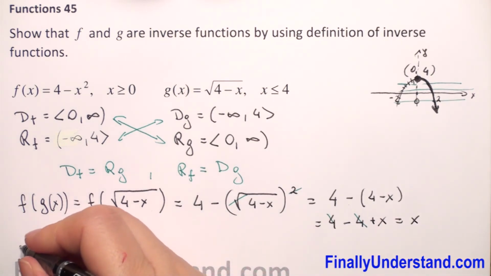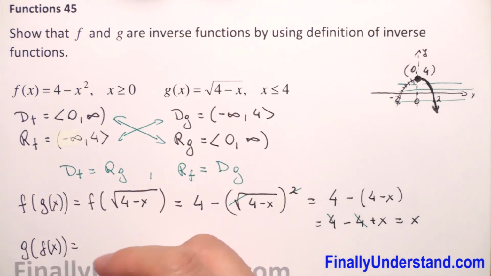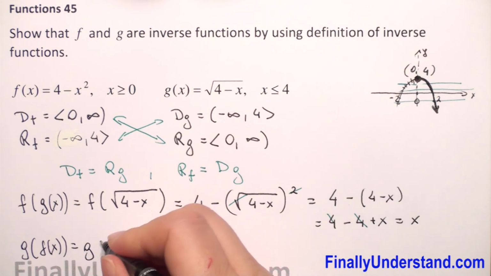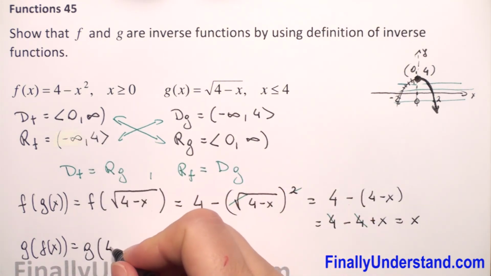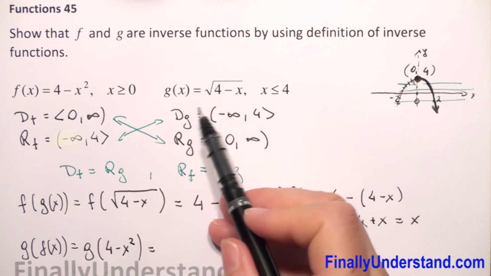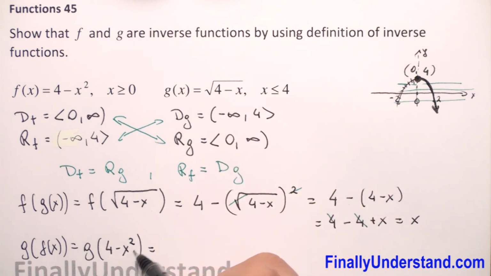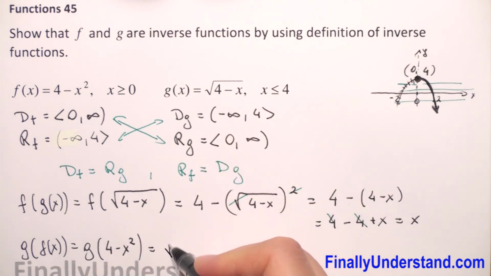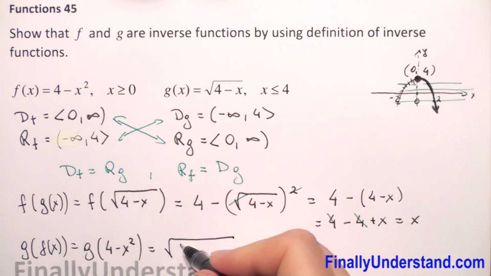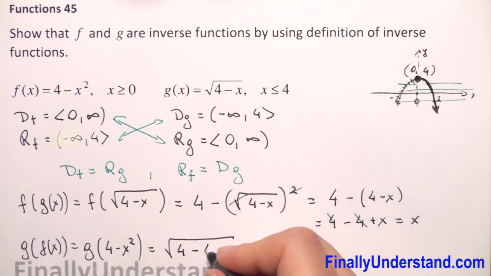And now we have to check if g of f of x is also equal to the identity function. So g we copy, f of x is 4 minus x squared, so this is equal, and now we have to go to the formula of our g function, and now x we substitute by whatever we have here in parentheses. So we copy square root 4 minus, and now x is equal to 4, again a negative sign, so we write in parentheses 4 minus x squared.